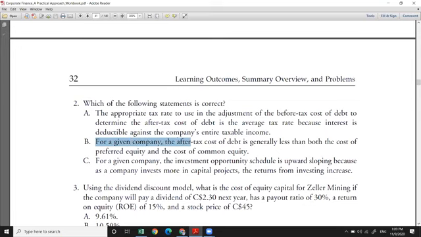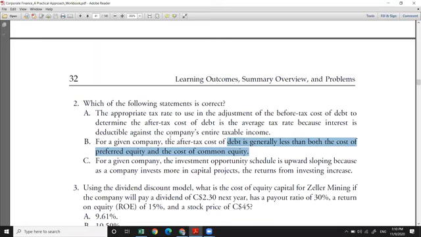For a given company, the after-tax cost of debt is generally less than both the cost of preferred equity and the cost of common equity. So first of all, when we talk about cost, you should understand that cost is measuring riskiness, and you're trying to measure which is less costly.